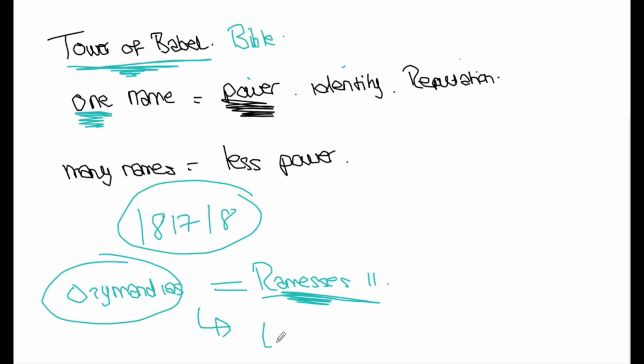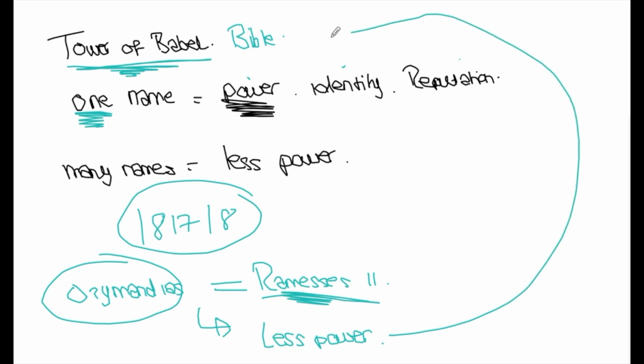Hence, he has less power. Especially according to the oldest book in his time, the Bible. A name was rendered less important if there was more than one. A person was rendered less important and less powerful if they had more than one name.